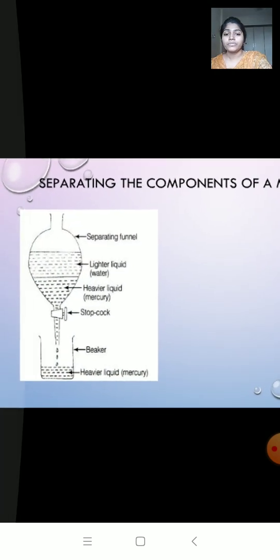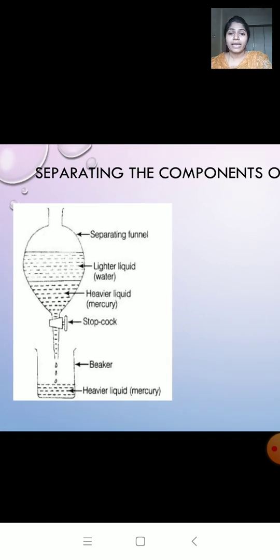Now, if we have a mixture of mercury and water, they both are immiscible. So take a mixture of mercury and water in a separating funnel. Mercury is heavier than water, so it will form the lower layer, and water, being lighter, will form the upper layer.